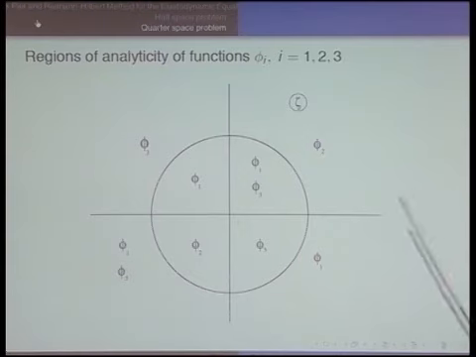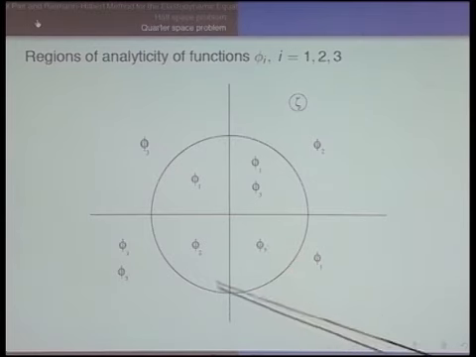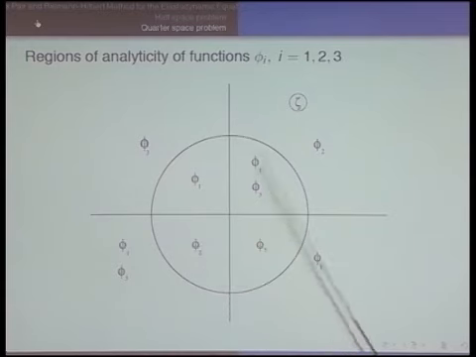And moreover, there is no jump here, there is no jump on this part, there is no jump there.